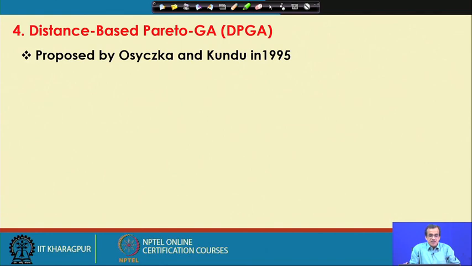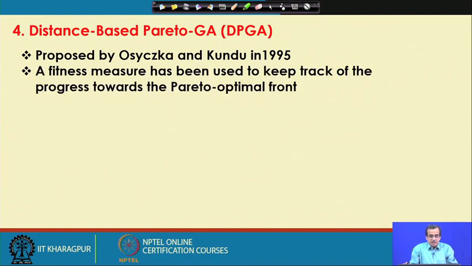This DPGA was proposed by Osyczka and Kundu in the year 1995, and here we use a fitness measure to keep track of the progress towards the Pareto optimal front.